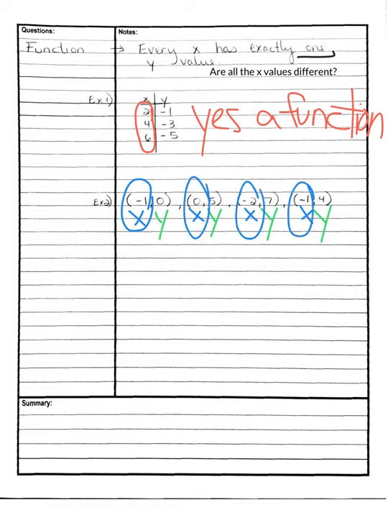We're going to ask ourselves the question, are all the x values different? I'll read them to you. -1, 0, -2, -1. I repeated my -1. So the answer would be no. They're not all different. So no, not a function.